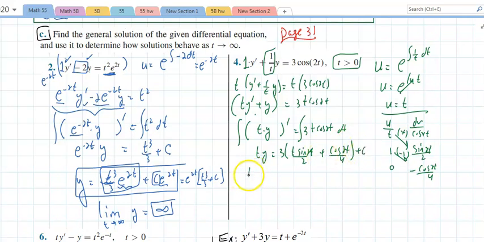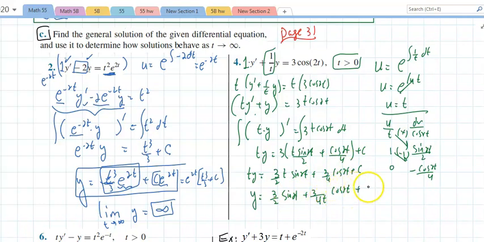So ty will equal 3/2 t sine of 2t plus 3/4 the cosine of 2t plus c, and y would equal, dividing by t, 3/2 the sine of 2t plus 3/4t the cosine of 2t plus c over t. If they gave us initial conditions, we could find what c is.